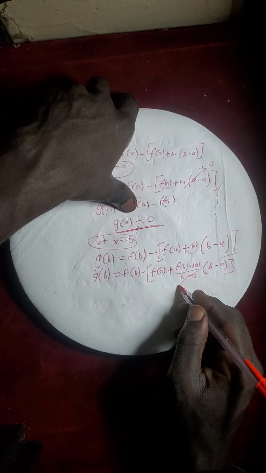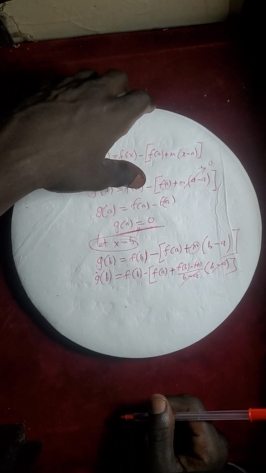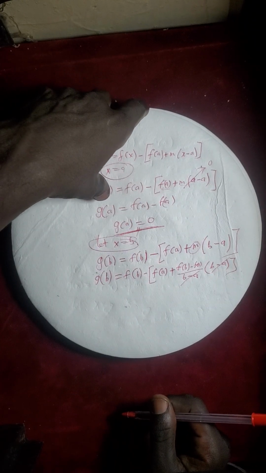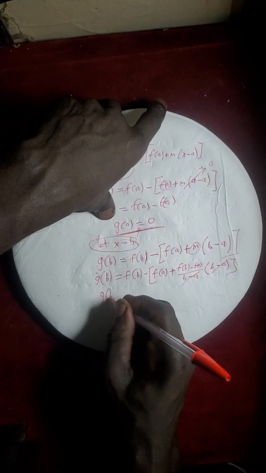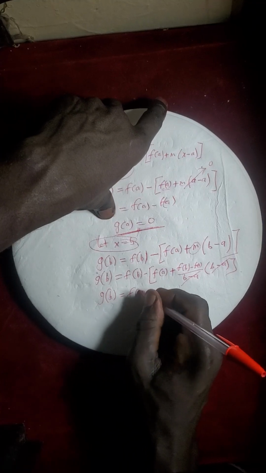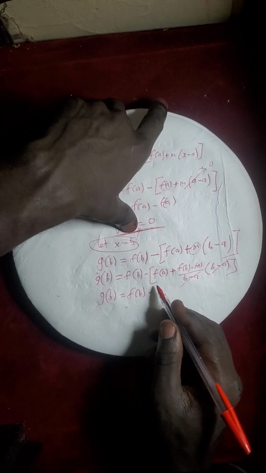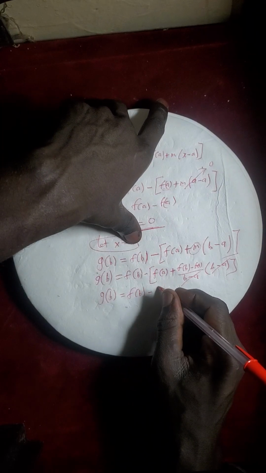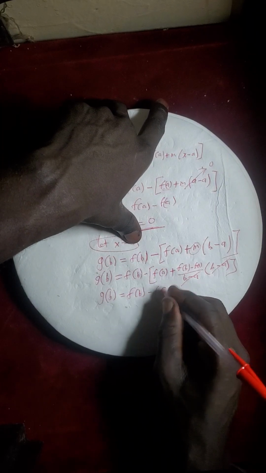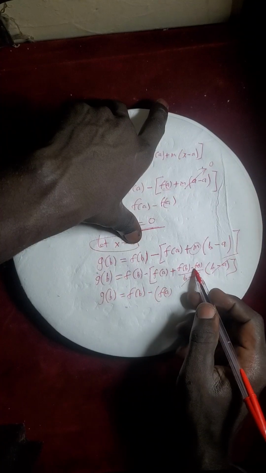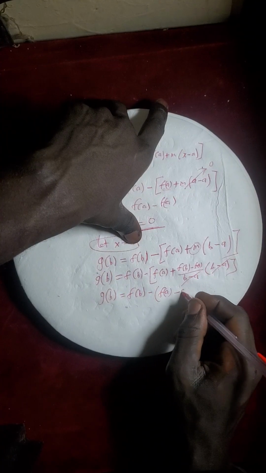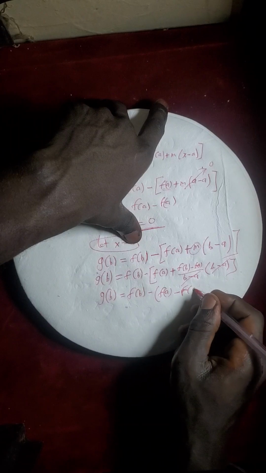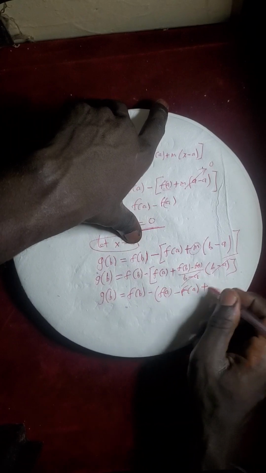So this thing and this thing can cancel out, they are dividing each other. Then we are going to come up with f of b outside minus, inside here we have f of a, and there is another f of a here, and then there is f of b.